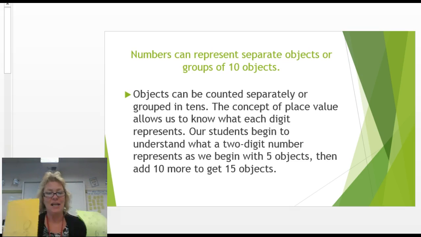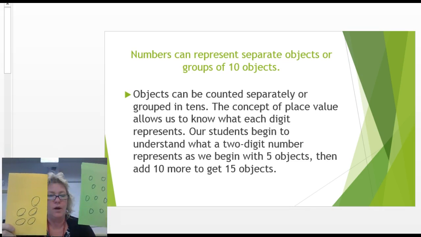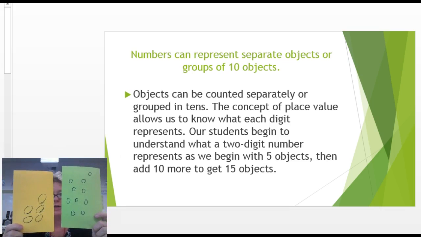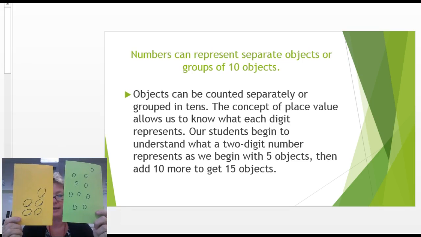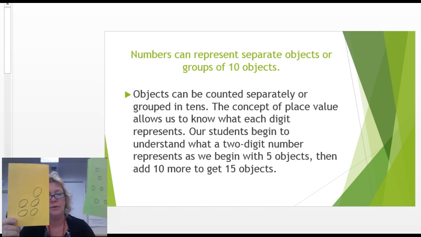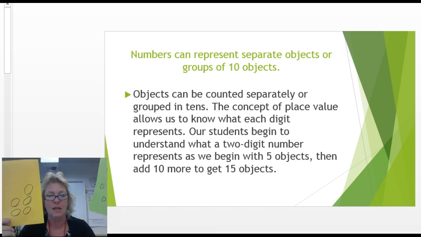This is not an easy primary concept. This really is a very difficult concept, especially when it's in a scattered array like this. Number one, their one-to-one correspondence in kindergarten is not always great.